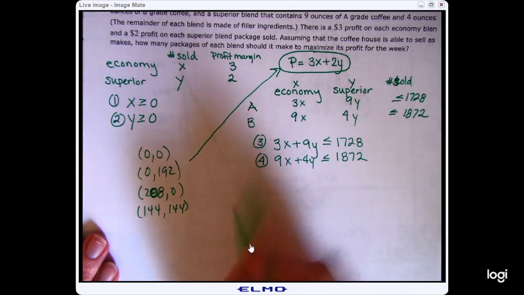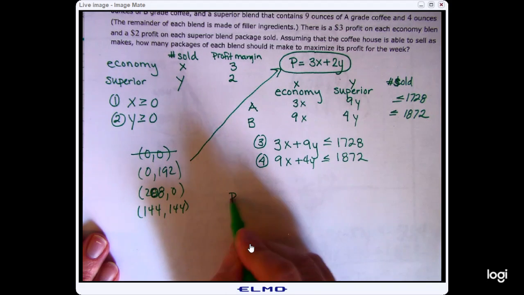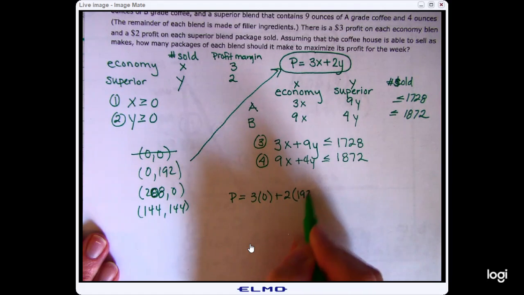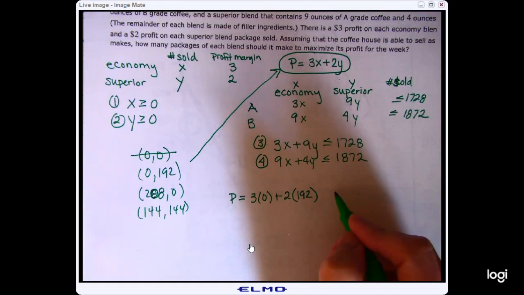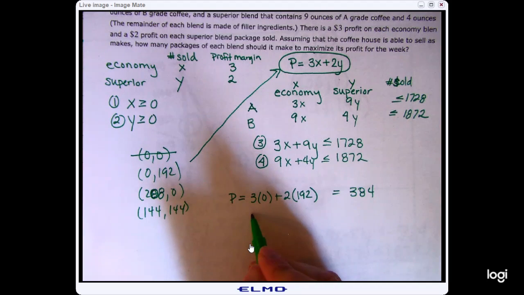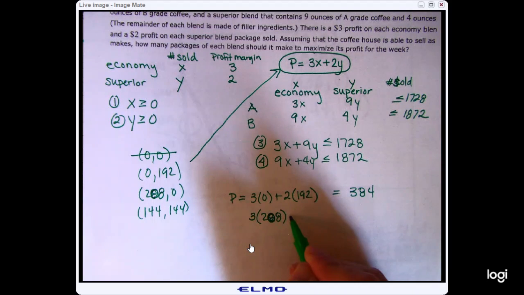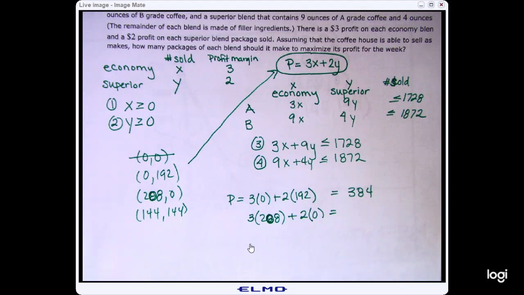All right, 0, 0, I would get p equals 0. Definitely not that one. All right, so let's try 3 times 0 plus 2 times y, point number 2. And I would get 384. All right, so let's try the next one. Profit is 3 times 208. Goodness, I can't write that. Plus 2 times 0 gives us a larger value.